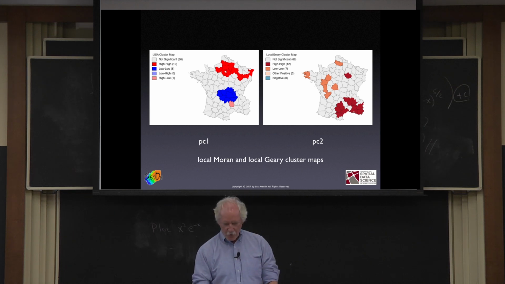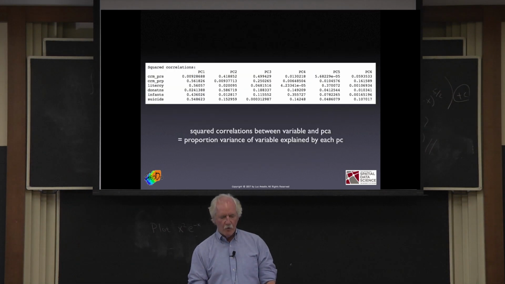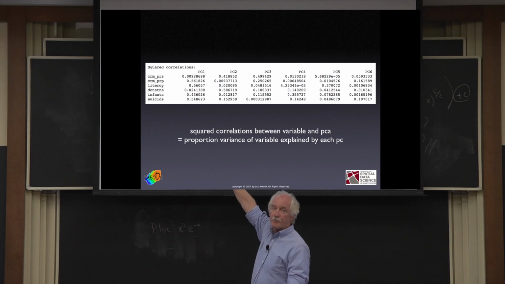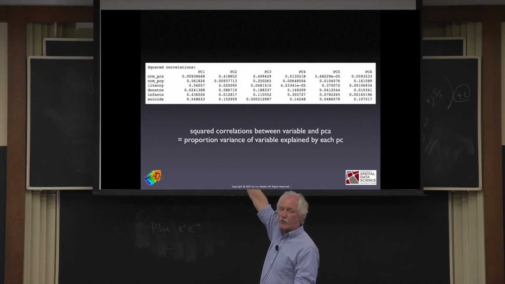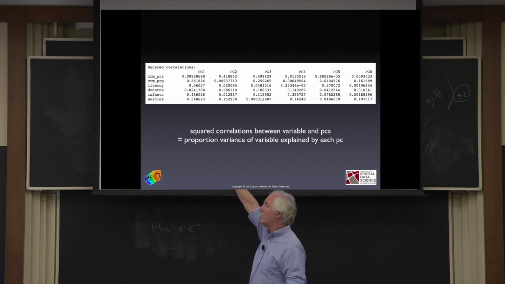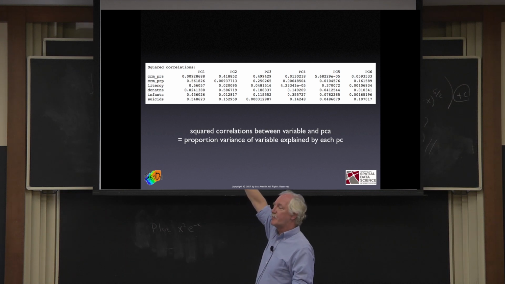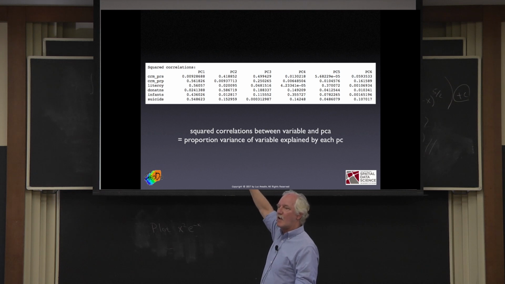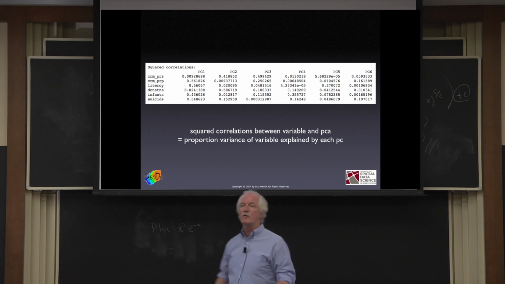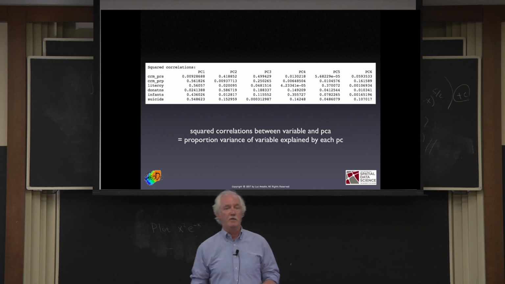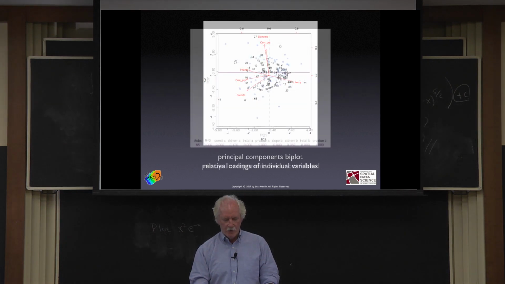Because if we go back here, we know what this means. We know that if the first principal component clusters very heavily in space, then in fact this implies that the variables that load very heavily on this principal component cluster together in space. So that's another way of thinking about multivariate spatial correlation.